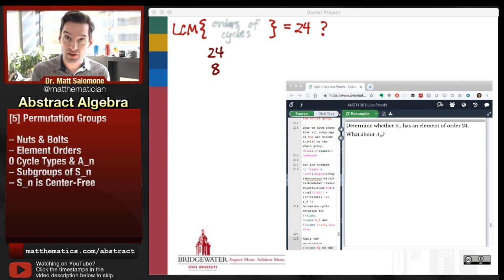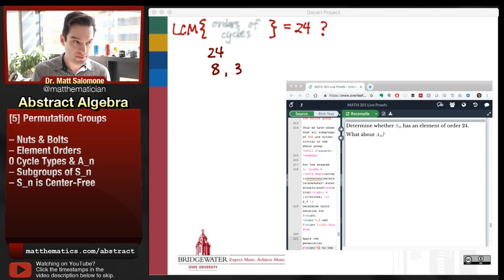And the only way to get 24 as a least common multiple of 8 with something is to take the least common multiple of 8 with 3. So the least common multiple of 8 and 3 will give me 24. Remember that it's very common in a least common multiple for the numbers in my list to share factors with one another, and that's what tends to create a lot of overlap. From a getting-started perspective, I probably want to minimize that overlap if I can.